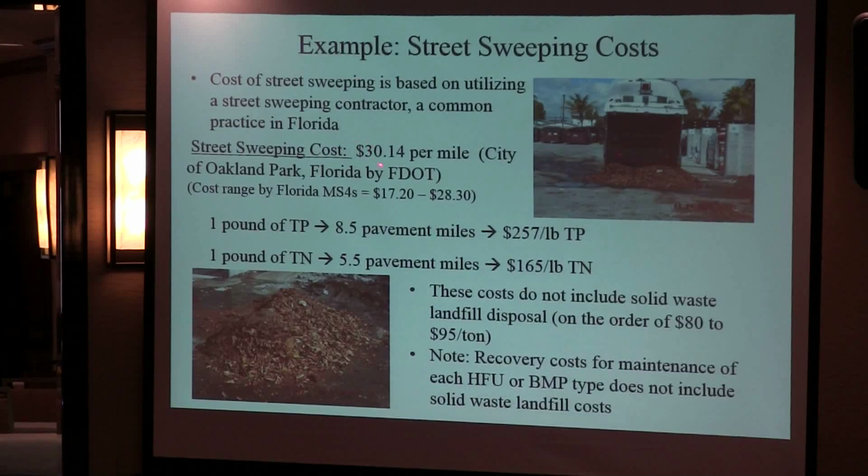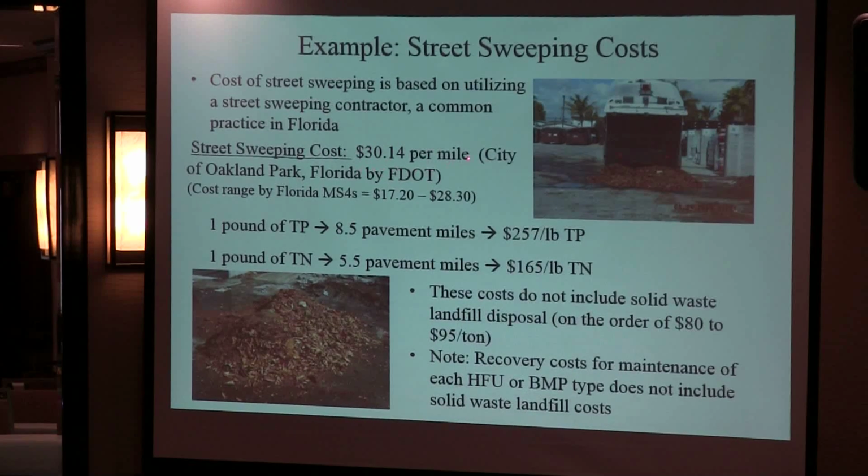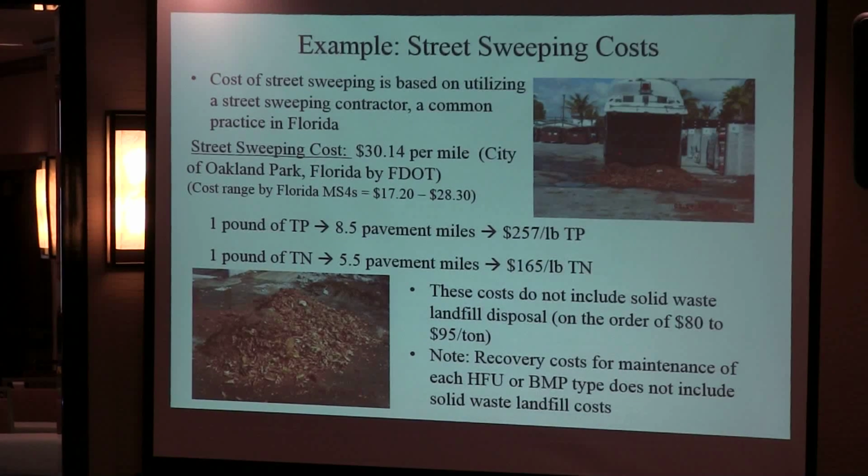Typically, street sweeping costs are about $30 per mile in the state of Florida, and we can equate that to dollars per pound of total phosphorus or dollars per pound of total nitrogen.